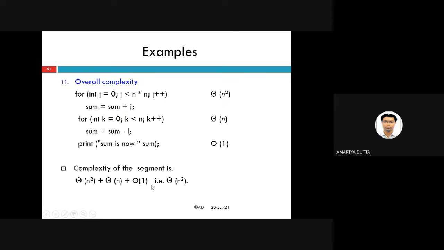Now according to the rule, the complexity of your algorithm will mainly focus on the highest growing term. Here, 1 is constant, then n is linear, then quadratic. Quadratic is the fastest growing term. If we put n equal to 2, then order of n gives you 2, but the quadratic gives you 4.